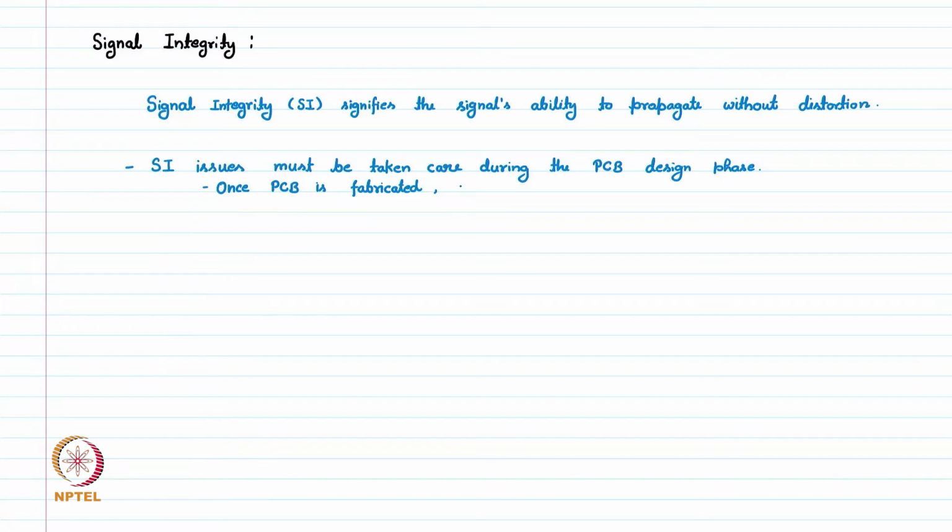It's very difficult to improve on SI once fabricated. So we have signal integrity, which signifies the signal's ability to pass or propagate without much distortion.